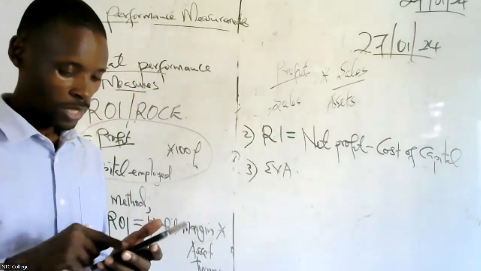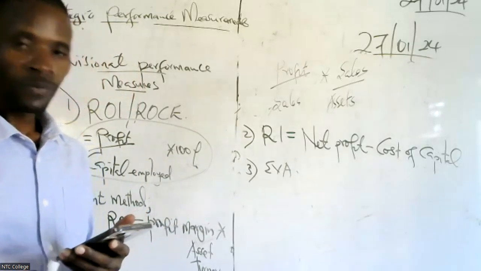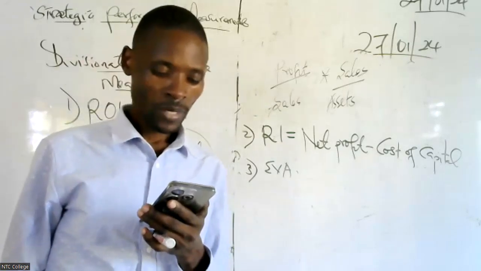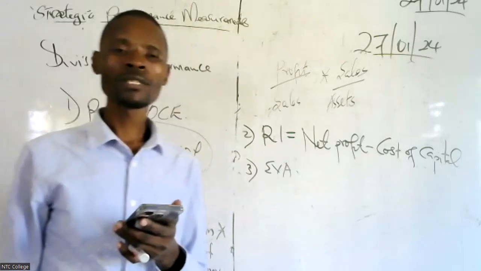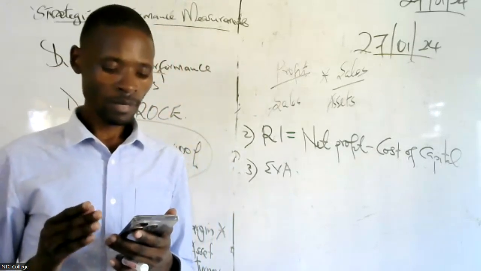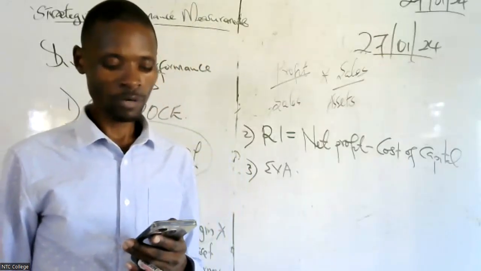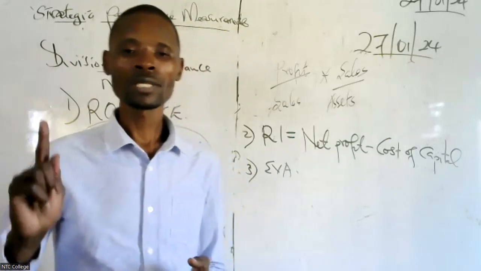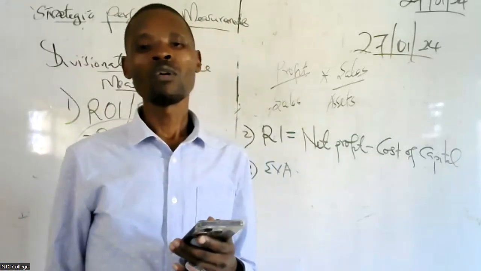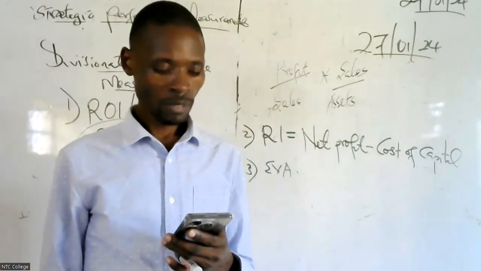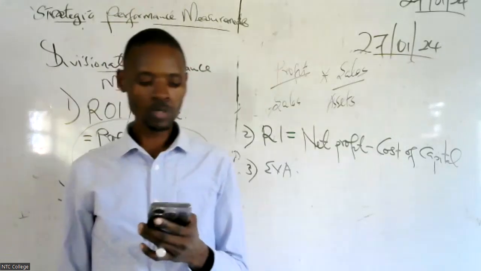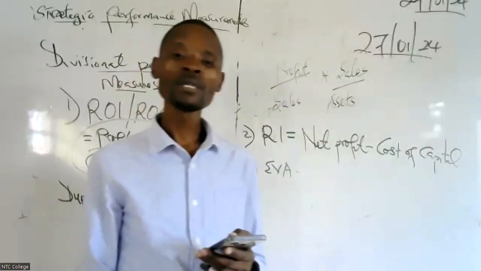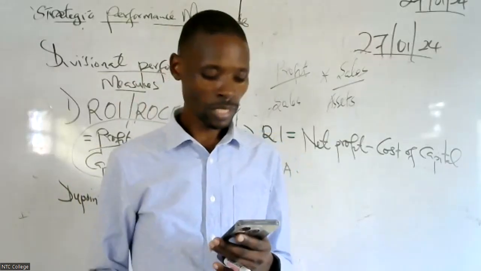So you can say economic value added is the profit in excess of the minimum return required by contributors of debt and equity. It is the minimum return required by contributors of debt and equity.